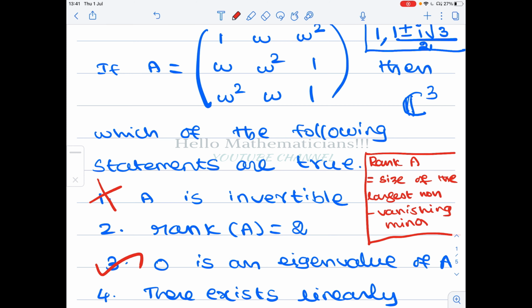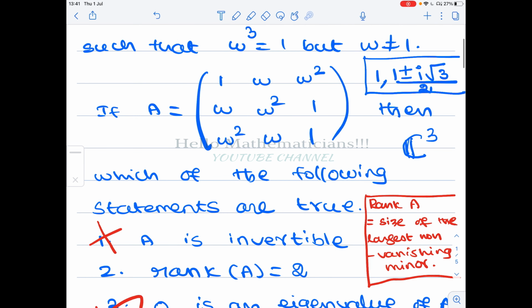So what I mean by this? One by one minors are just the matrix elements. There are many 2 by 2 minors. For example, this is a 2 by 2 minor, then this is a 2 by 2 minor, this is a 2 by 2 minor, and so on. You can look at this 2 by 2 minor also. Now, rank of A is the size of the largest non-vanishing minor.